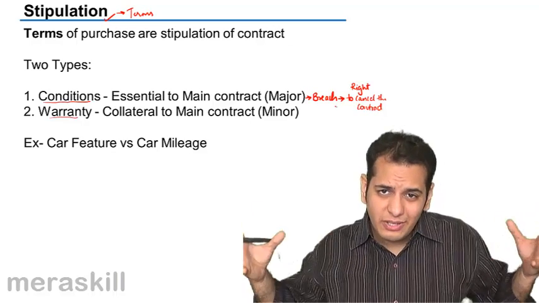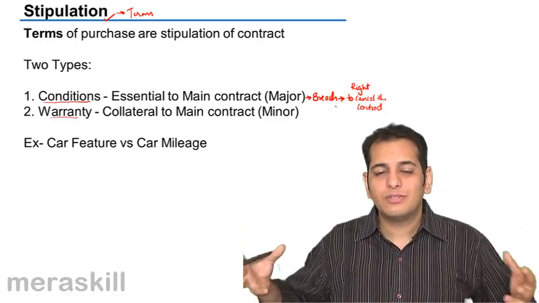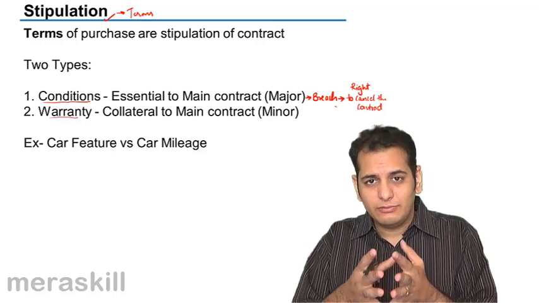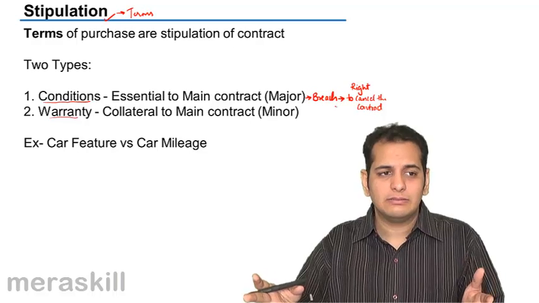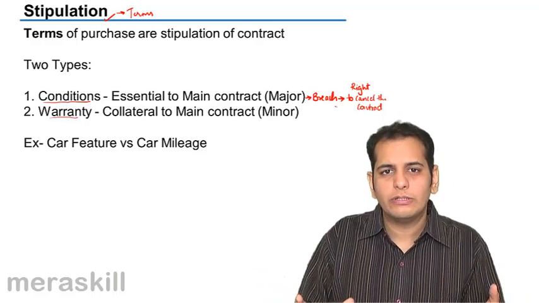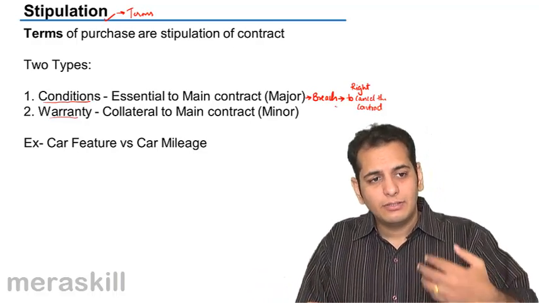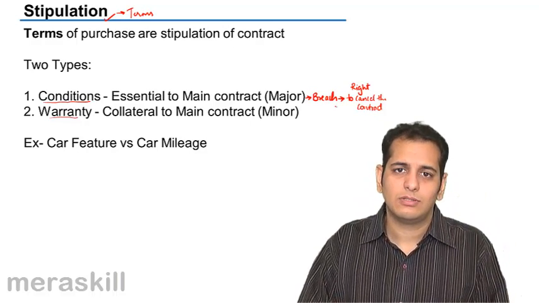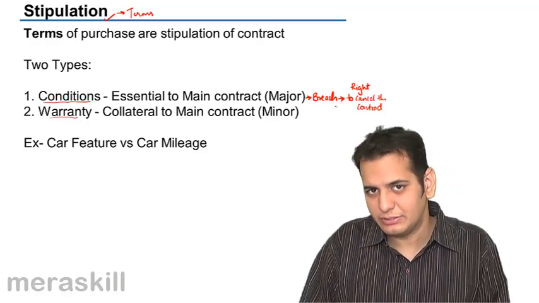If the term is such that if it is not followed, it will give you a right to cancel the contract, to return the goods, then such a term is called a condition.